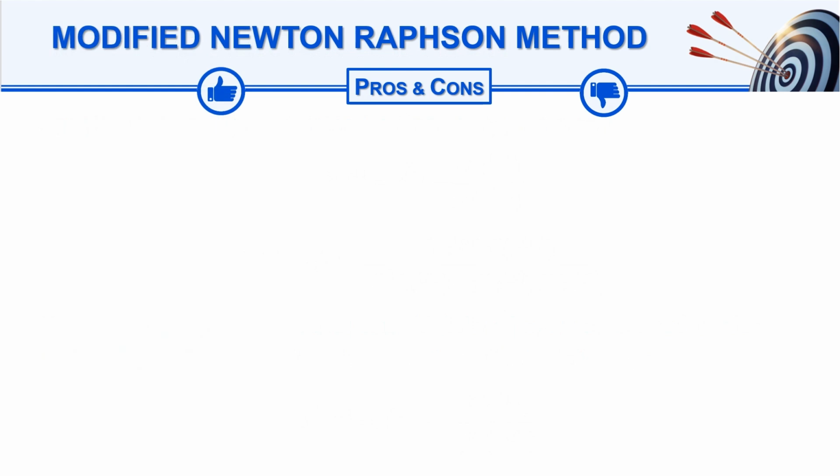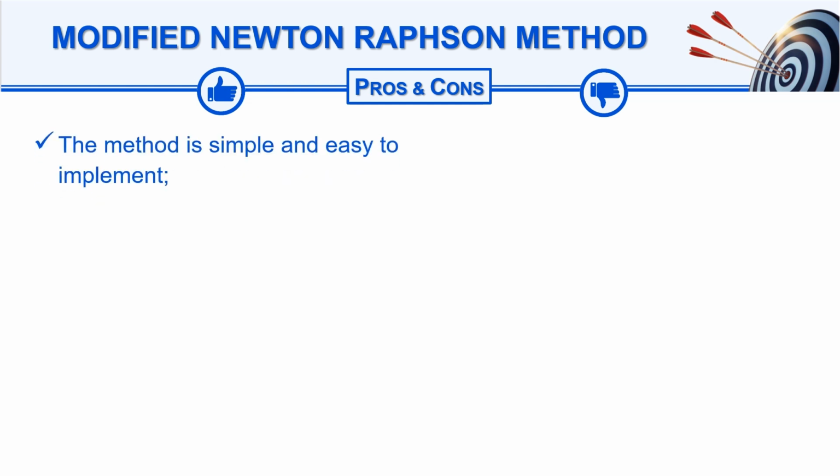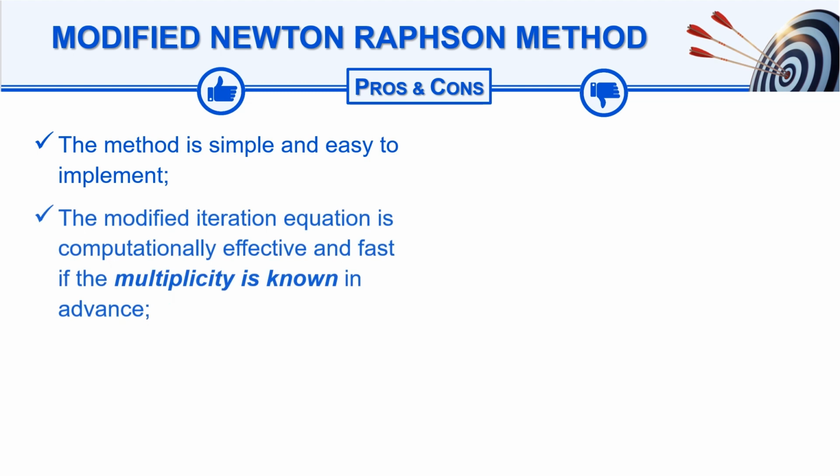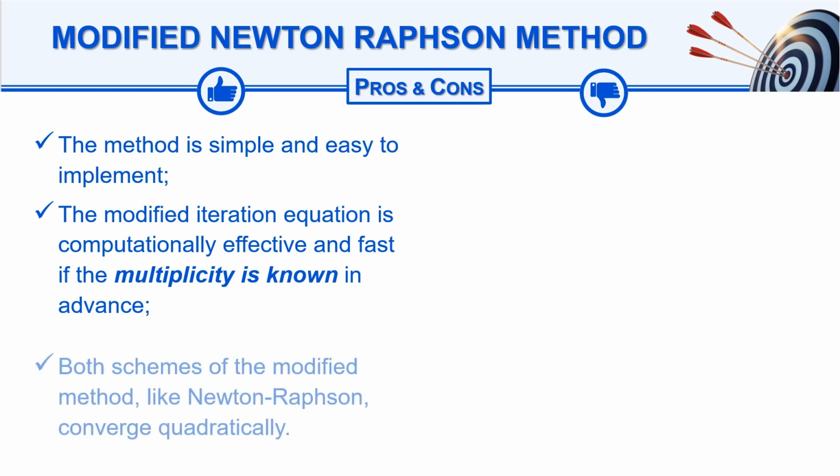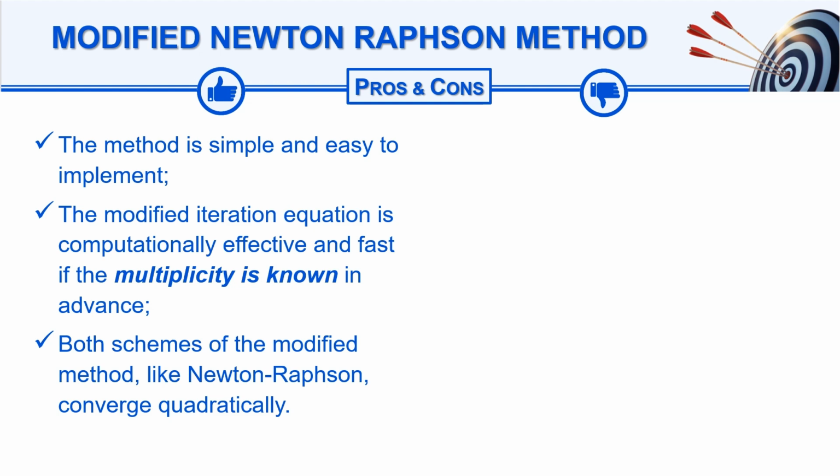The modified Newton-Raphson method has the following advantages. The method is simple and easy to implement. The modified iteration equation is computationally effective and fast if the multiplicity is known in advance. Both schemes of the modified method, like Newton-Raphson, converge quadratically.